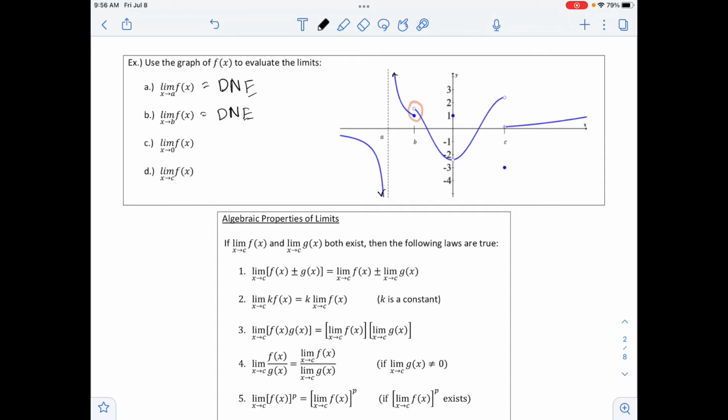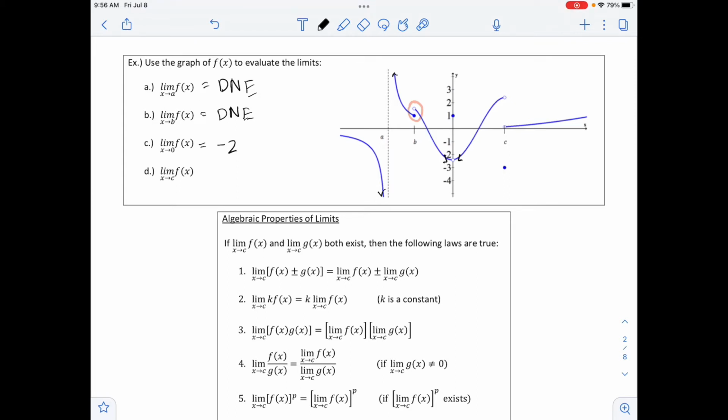The third one that we have on here is the limit as x approaches 0. Remember, 0 is at the origin. At 0, it looks like we have a hole down here at about negative 2 point something. But as you're approaching 0 for x from the left and 0 from the right, you'll notice that they match, and it looks like they're approaching about negative 2.